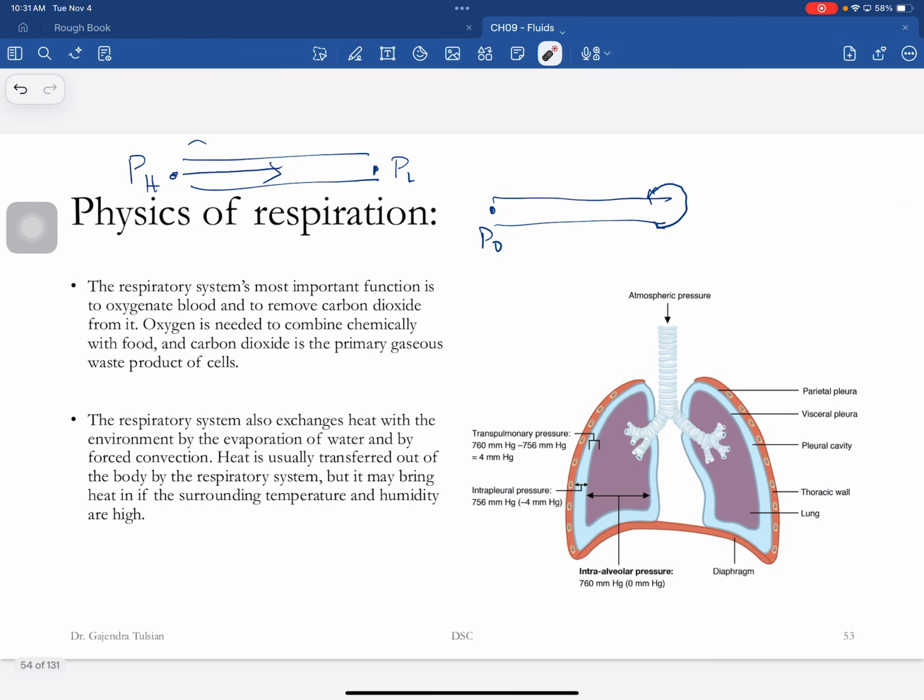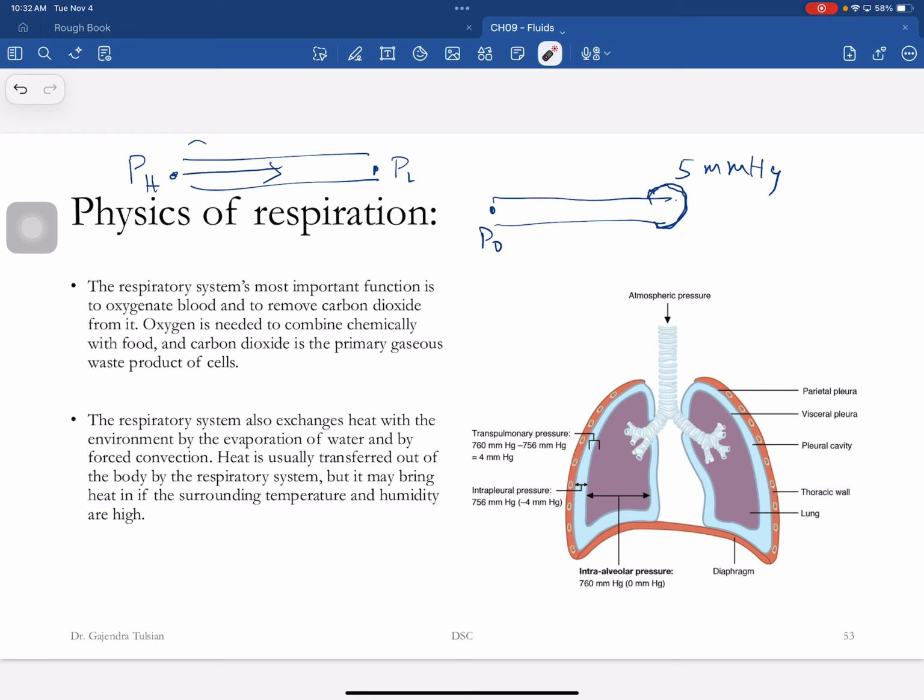So the pressure inside is greater than the outside pressure by 5 millimeters of mercury. How the heck are you going to breathe? The pressure is greater here. You guys understand the problem?